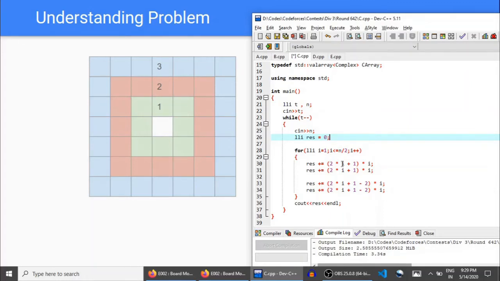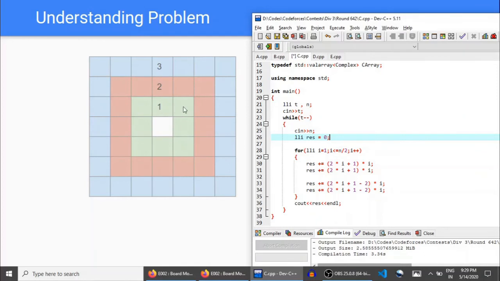For each zone we are going to calculate the number of cells and their contribution to the result. There are many ways you can count the cells. How I am going to count is that first I'll count this and this as the upper half, and I'll call this the lower half. The upper half contains 3 cells, the lower half contains 3 cells.